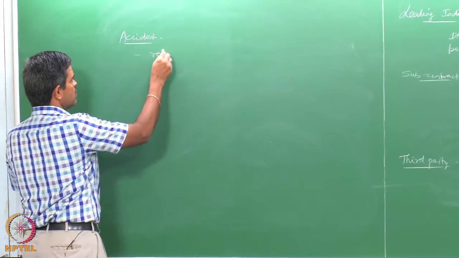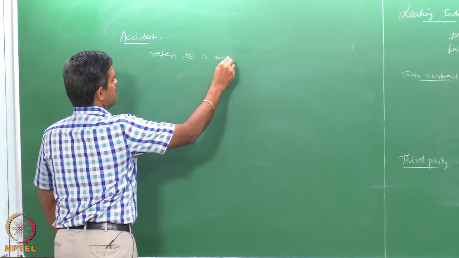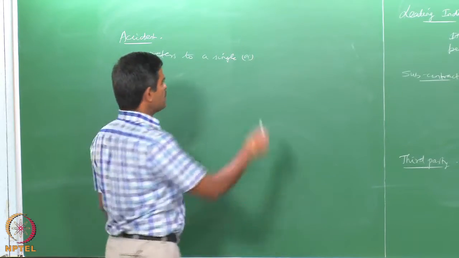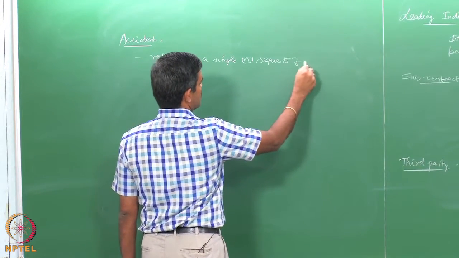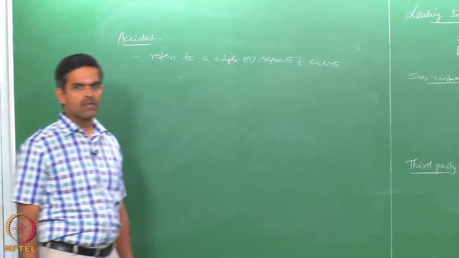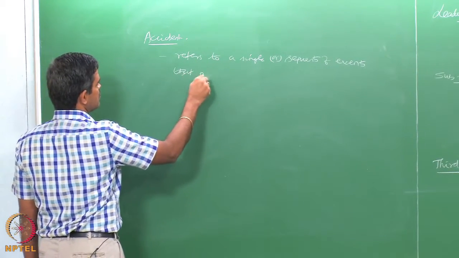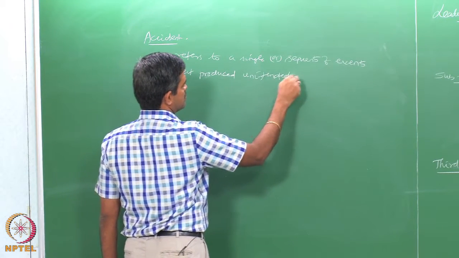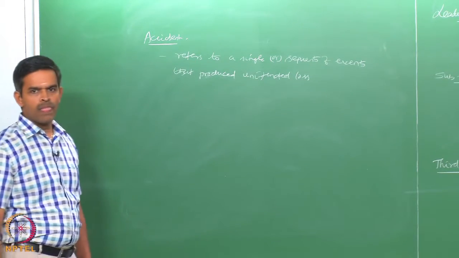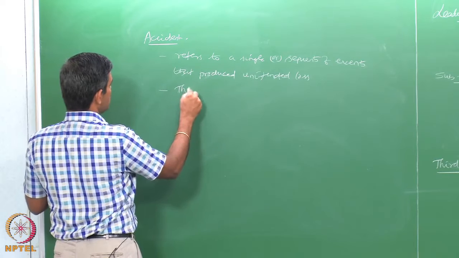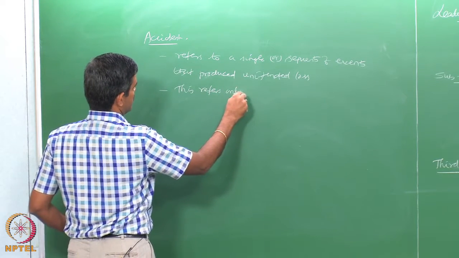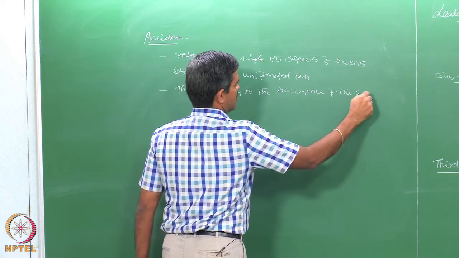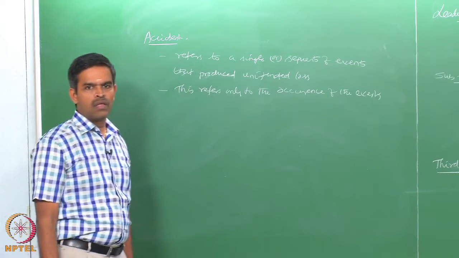This refers to a single or sequence of events which has produced unintended loss. This refers only to, please understand, the occurrence of the events, and not their magnitude.